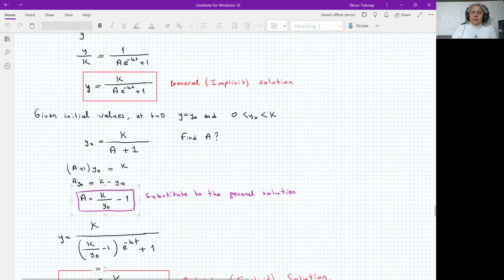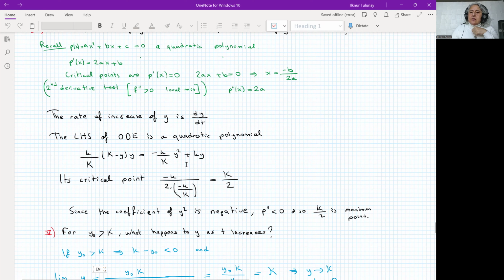This is the left-hand side of the ordinary differential equation that I've just shown you, which gives us this quadratic polynomial. And for the critical points, as we've done here, we take the derivative of this and make it equal to 0.